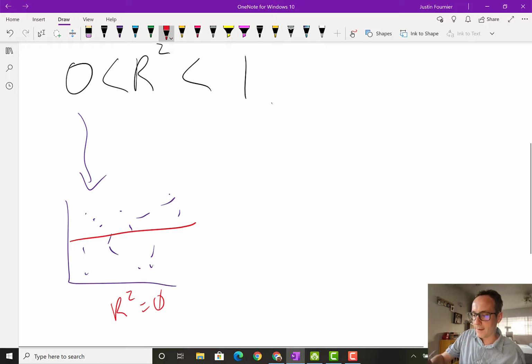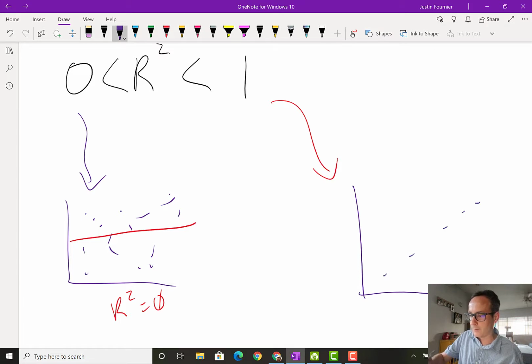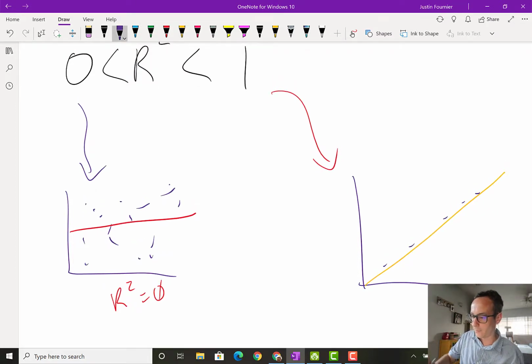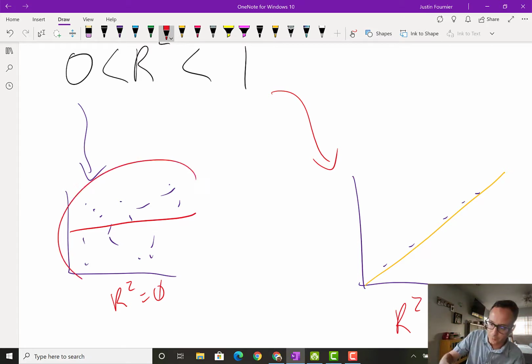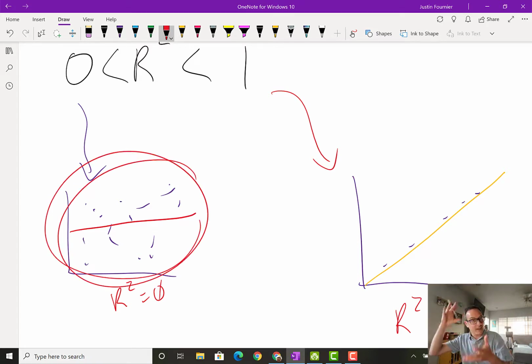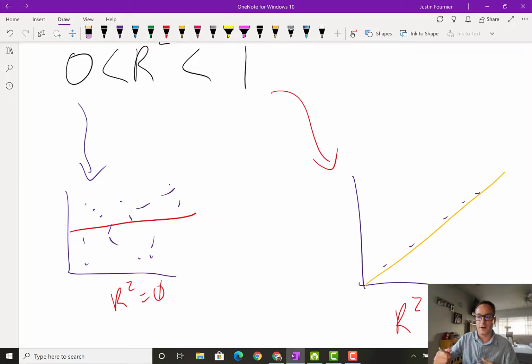But instead, if I had data points and it went something like this, this would be an R squared value close to 1. So the closer the data fits to the line, or whatever trend you're making, the closer the R squared value is to 1. The more spread apart that data is, and it doesn't fit the line, the closer R squared is to 0. So it's always a number in between there.